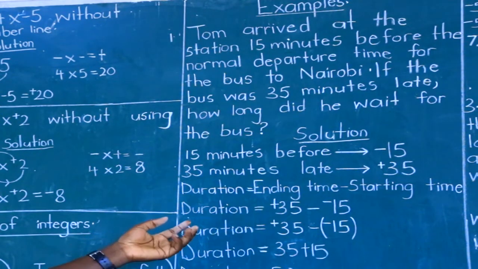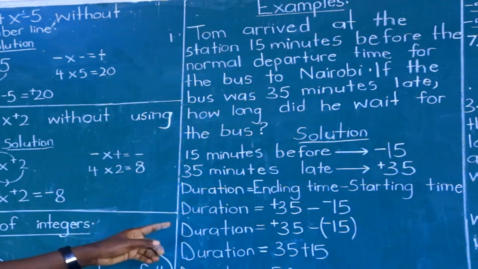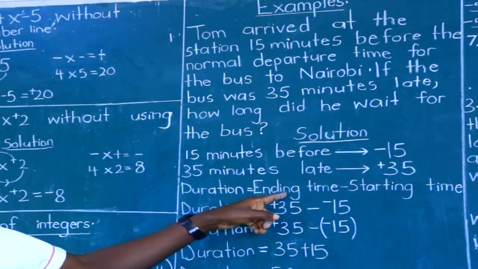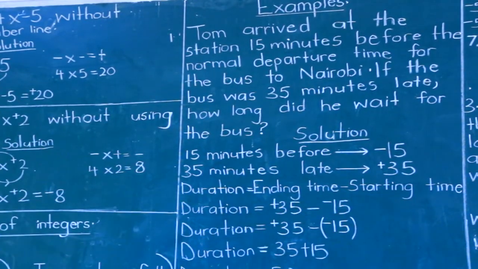And when the question asks for how long somebody waited, you just know they are actually asking for the duration of waiting. So you say duration equals ending time of waiting minus starting time of waiting.